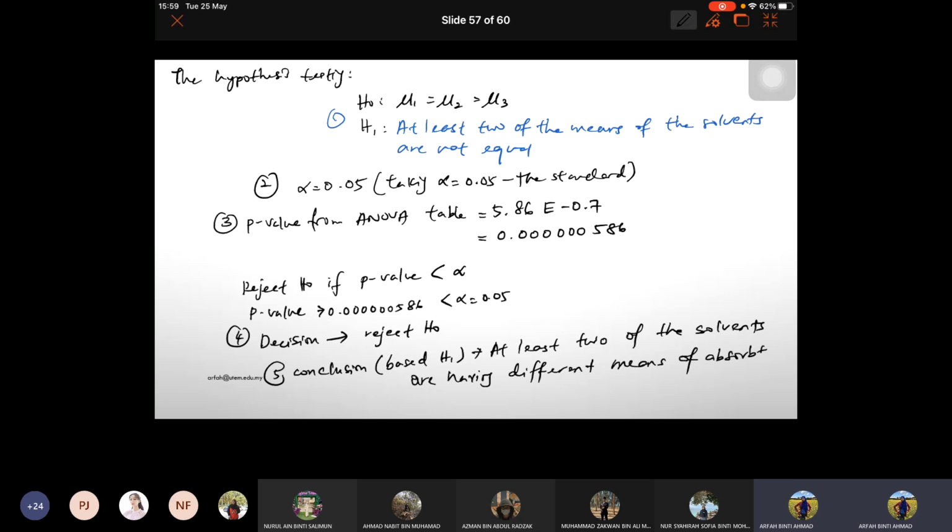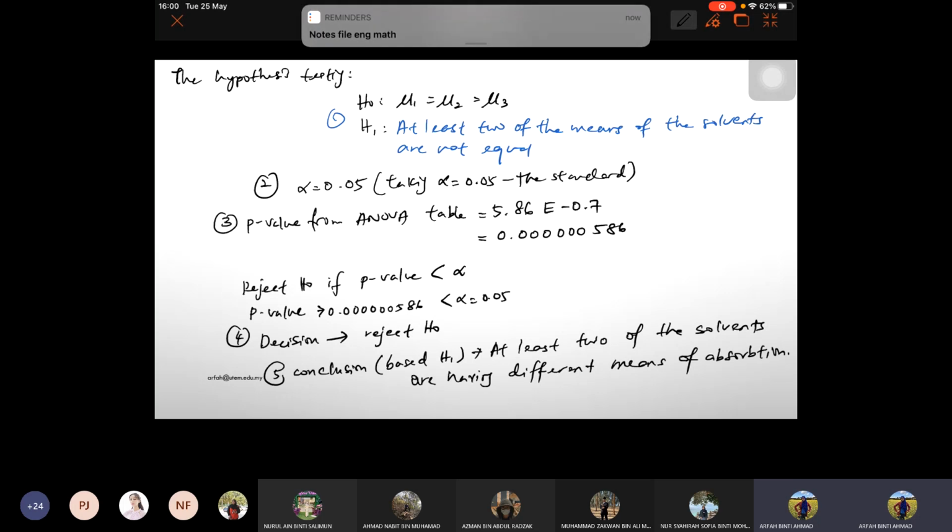Okay. Sekurang-kurangnya 2 peluntur akan memiliki kadar serapan yang berbeza.